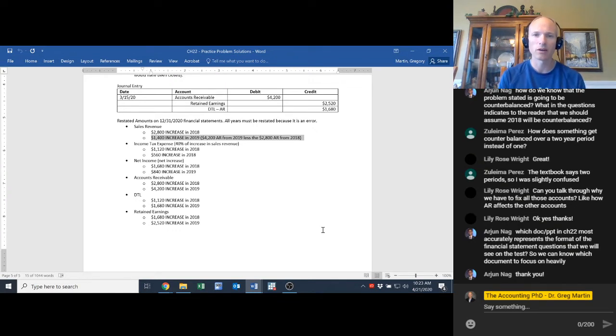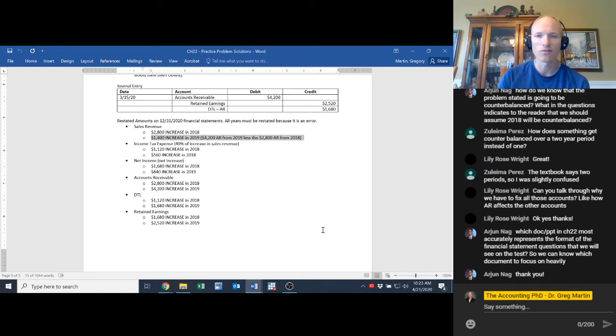The idea here is that you have this $4,200 in receivables that should have been recorded in 2019 that was not. But if it had been collected, I would have recorded $2,800 from that 2018 receivable that should not have been. And so there's this net effect. There's the increase of $4,200 minus the decrease of $2,800, so the net increase in 2019 in sales revenue would be $1,400.